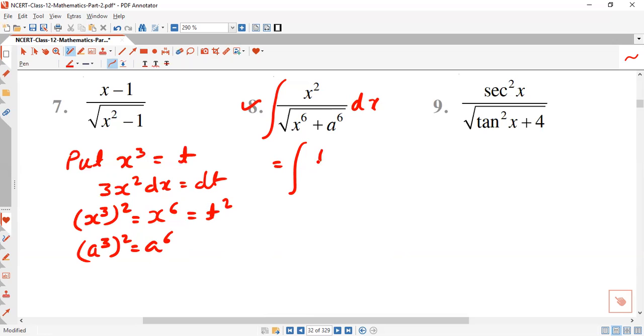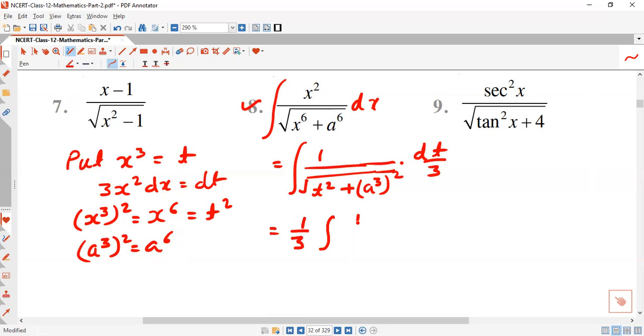First we write down the denominator: 1 upon x power 6 means t square plus a cube whole square, and x square dx becomes dt by 3. So taking the constant 3 outside, 1 by 3, 1 upon under root t square plus a cube whole square, dt.